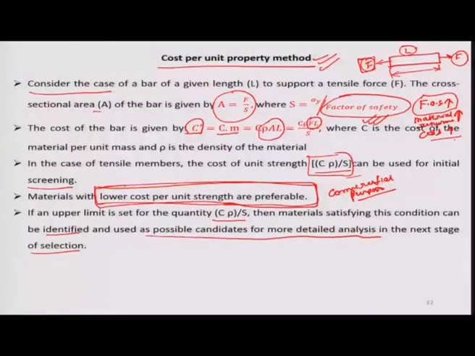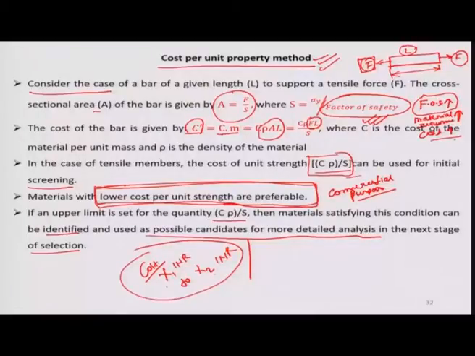Okay, so what you will do: first you will calculate the cost per unit of that material, and then whatever range you think our cost should be in, suppose x1 INR to x2 INR, then the materials that fall within this range are the ones you can select for your fabrication.